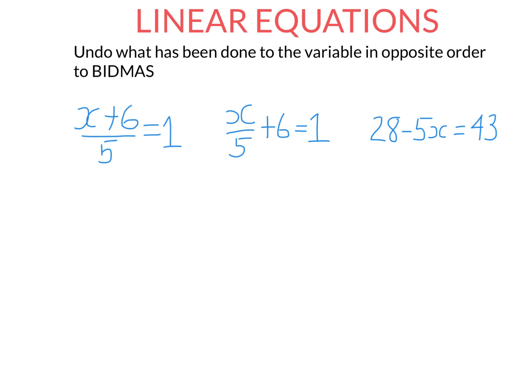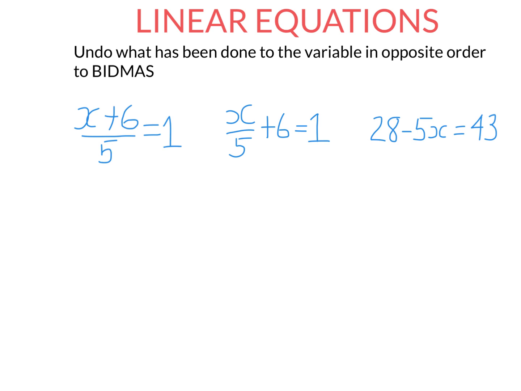If we look at this one, what we've done to our variable x, we've added 6 and then divided by 5. This is like putting on our socks and putting on our shoes. So because dividing by 5 is the last thing that was done to x, it's the first thing we must undo.